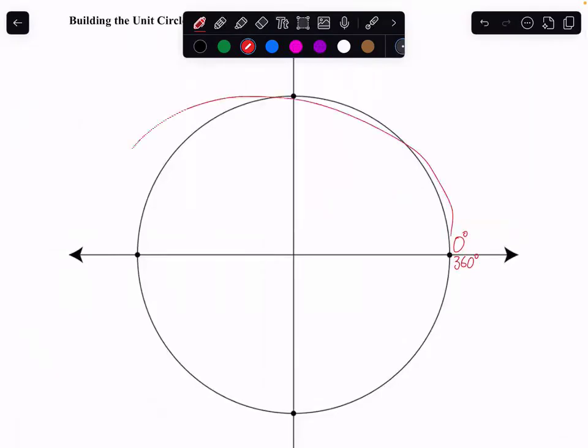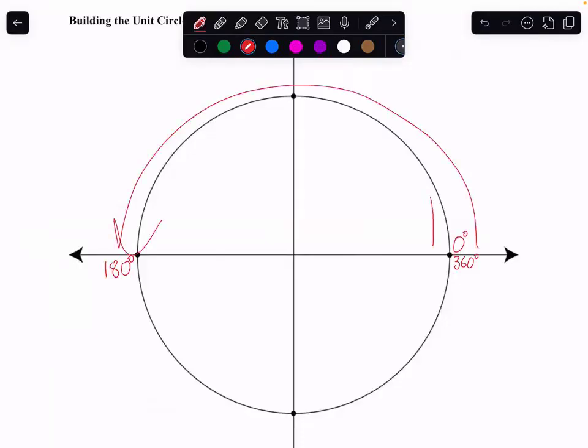If a full circle is 360 degrees, then half a circle, half of 360, is 180 degrees. If half a circle is 180 degrees, half of that, half of half, is 90 degrees.